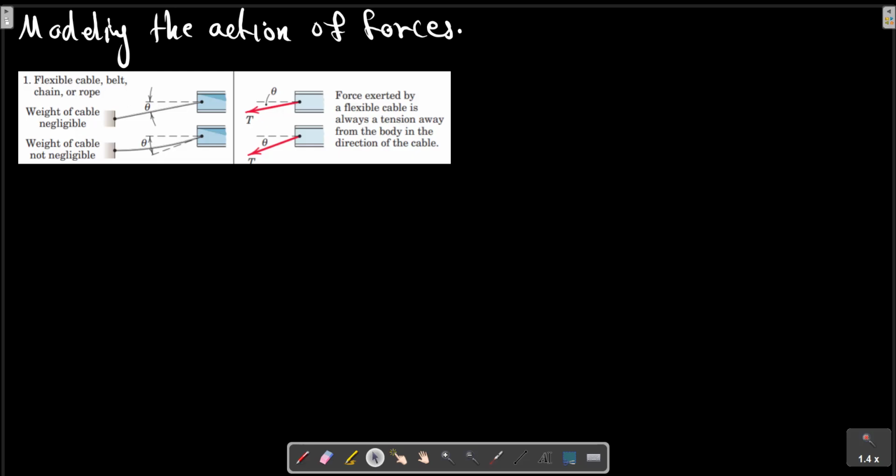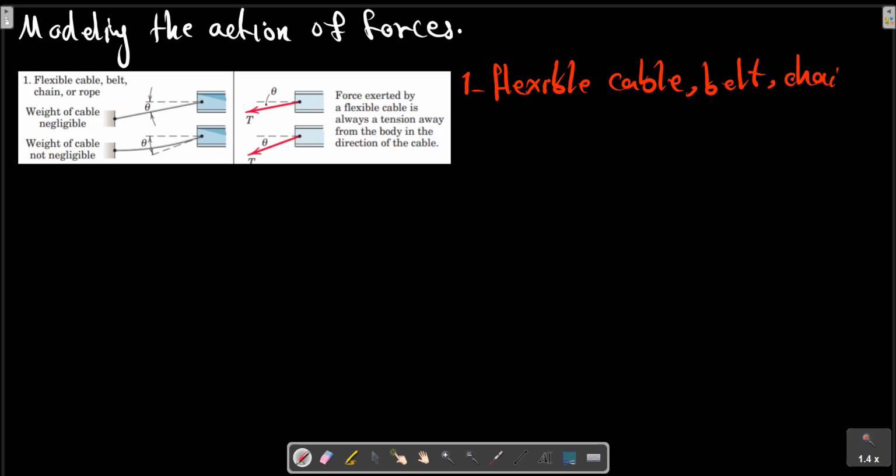As we have shown in the picture, the first one is a flexible cable, belt, chain, or rope.